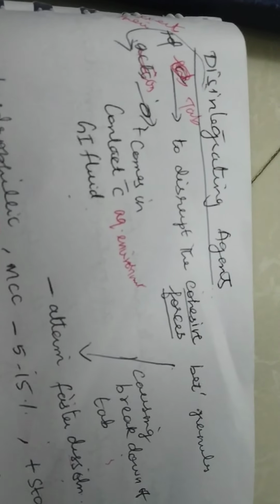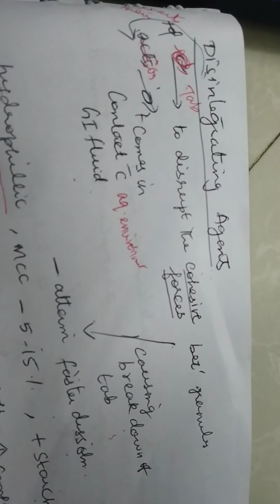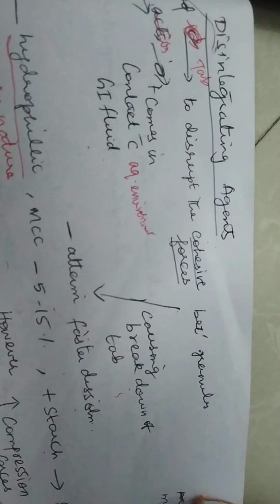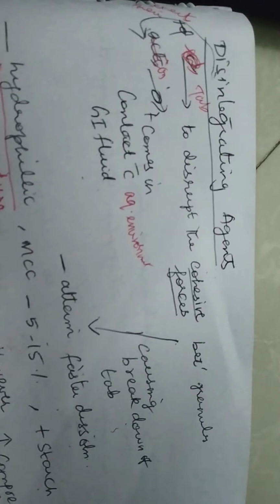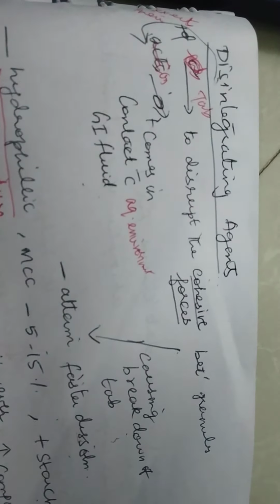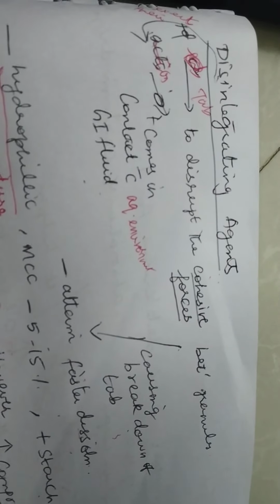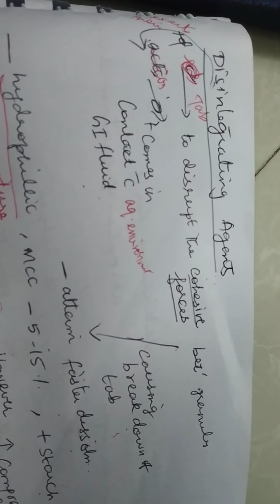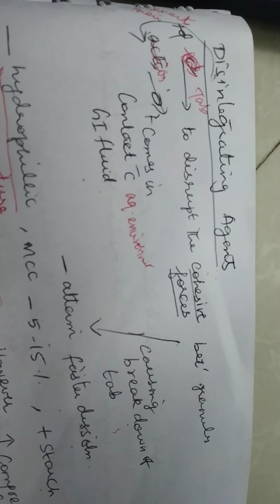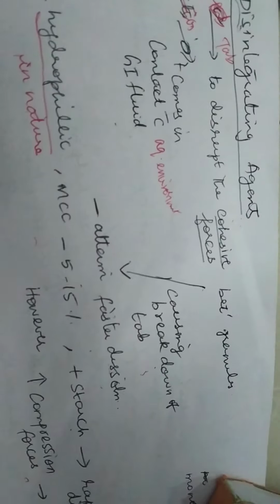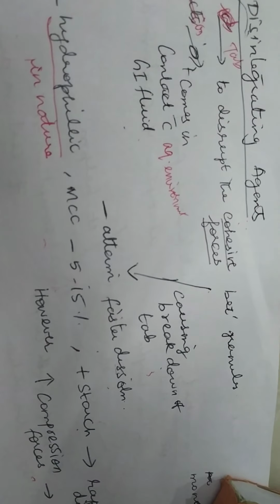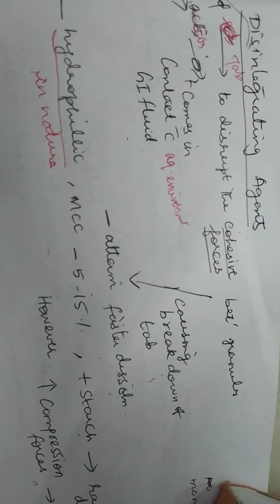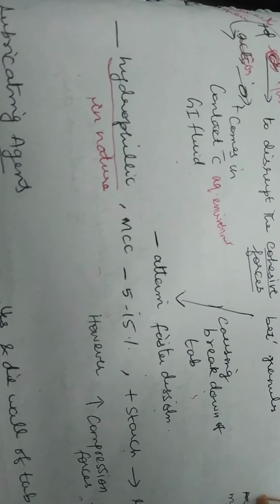This causes the breakdown of the tablet. So disintegrating agents are added to disrupt the cohesive forces. They exhibit their action when they come in contact with GI fluid, causing the breakdown of the tablet and attaining faster dissolution.